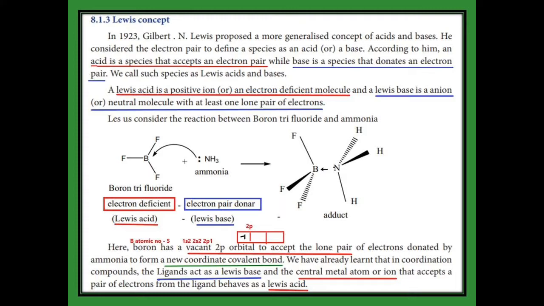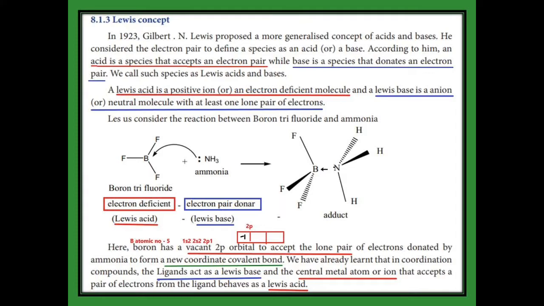So in 2p, only one electron is present in one orbital. What about the remaining orbitals? They are empty. Those having empty orbitals attract electrons, so it is an electron deficient molecule. Boron trifluoride is electron deficient because it contains an empty orbital, so it attracts the electron from ammonia.